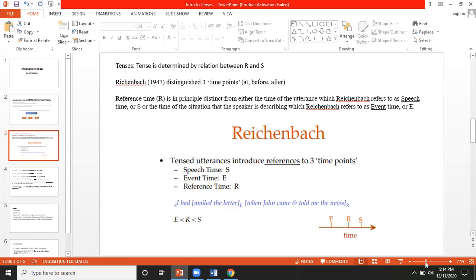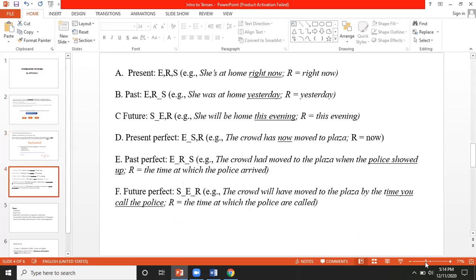The following examples can also be found in our class slide. In it, the underlined phrases, right now, yesterday, this evening, now, when the police showed up, the time you called police, in each of the respective sentences show reference time.